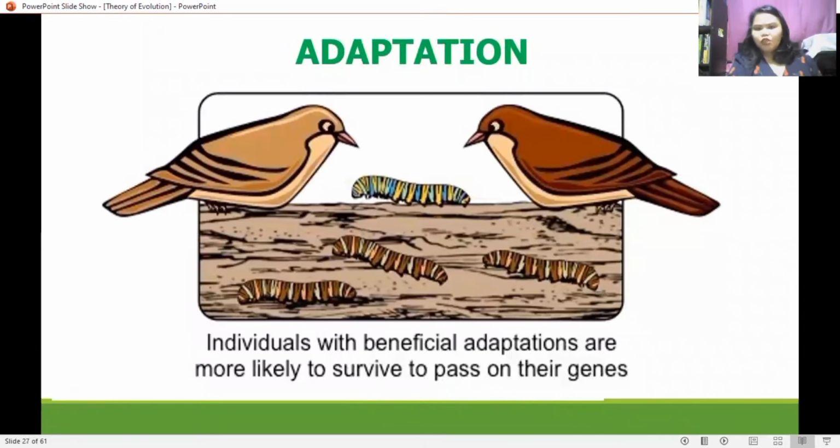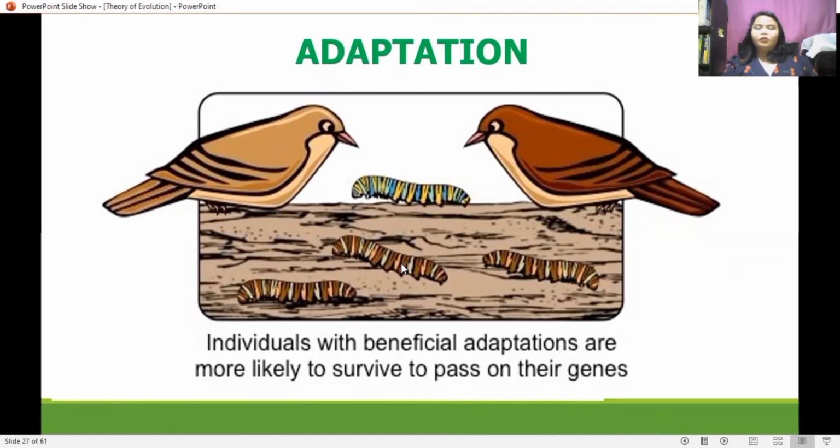Then adaptation. Individuals with beneficial adaptations are more likely to survive to pass on their genes. For example, I have here 2 birds. We have here the brown caterpillars and the light-colored caterpillars, and the environment in which these caterpillars thrive is the brown-colored bark, wherein it is most suitable.